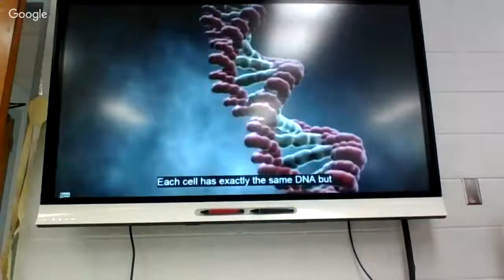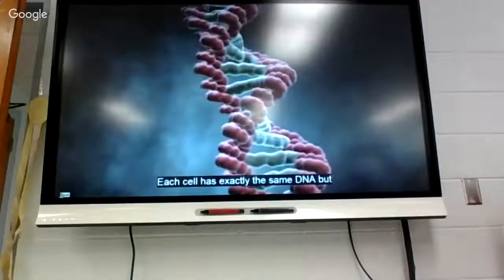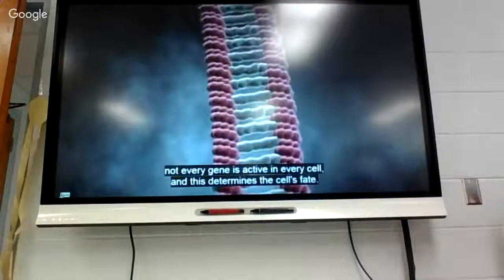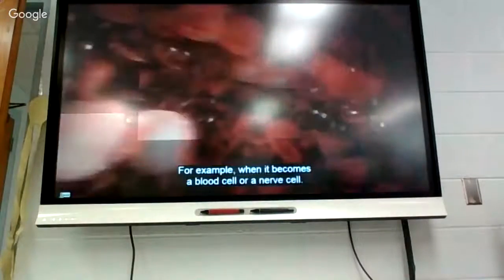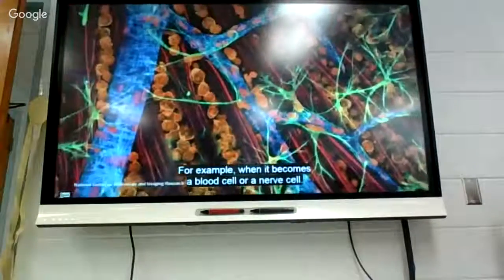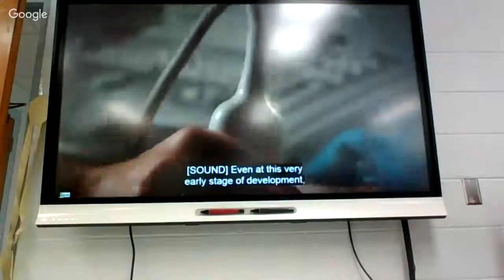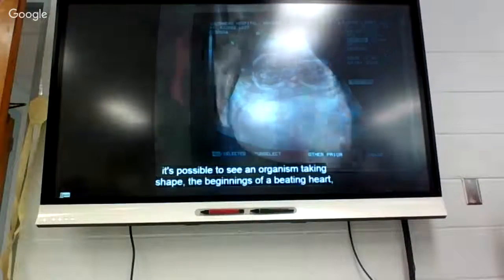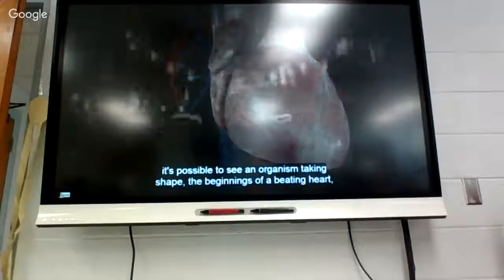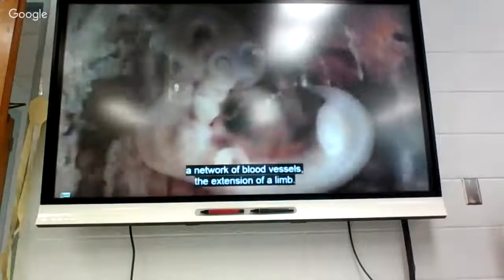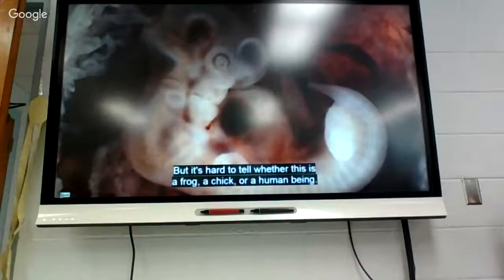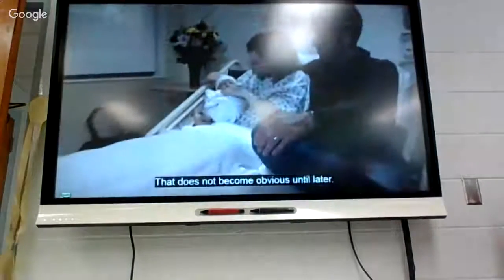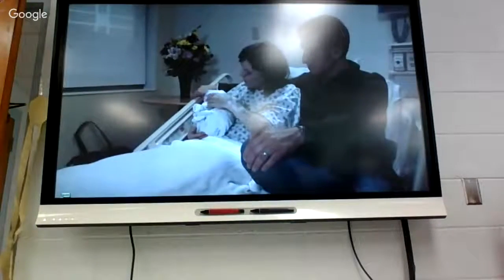Each cell has exactly the same DNA, but not every gene is active in every cell, and this determines the cell's fate, for example, when it becomes a blood cell or a nerve cell. Even at this very early stage of development, it's possible to see an organism taking shape. The beginnings of a beating heart, a network of blood vessels, the extension of a limb. But it's hard to tell whether this is a frog, a chick, or a human being. That does not become obvious until later.